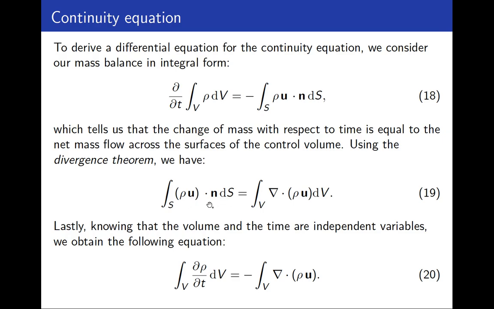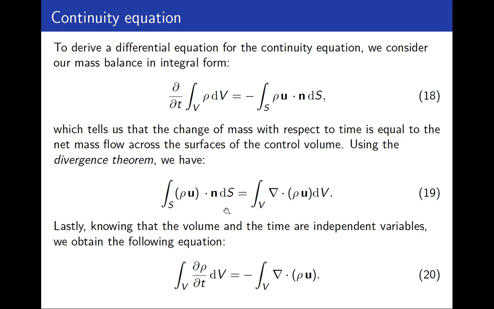That is basically the physical meaning of the divergence theorem: the divergence gives us the flow of mass at a point, and if we sum over all points of the control volume, it has to be equal to the mass across the surfaces of the control volume.